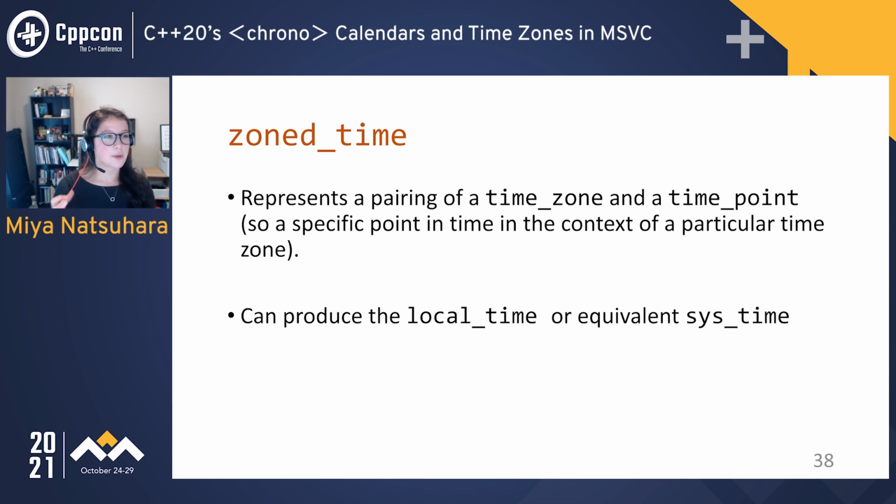A zoned_time can produce a local time or an equivalent sys time. We haven't explicitly gone over what those two things are, but we will in a moment. Essentially, local time is a point in time that's not associated with a time zone, so if you just wanted to get the 2:30 out of there, you could. Or sys time, which is related to UTC, so it is a literal point in time, with no weird daylight saving transitions or anything like that.